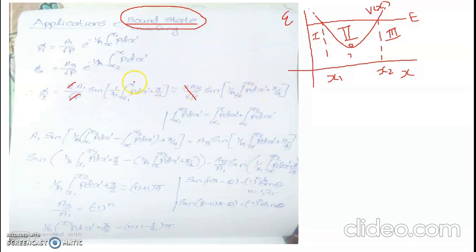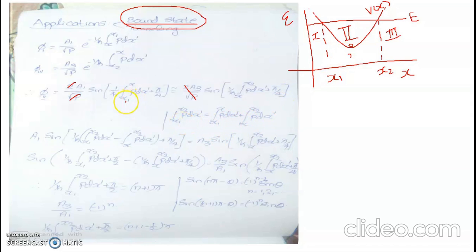Let me do it for this term. That is, integral x1 to x2 p dx prime is integral x1 to x p dx prime plus integral x to x2 p dx prime, provided x is in between x1 and x2, and I have this choice of x in between x1 and x2 as long as region 2 is concerned.